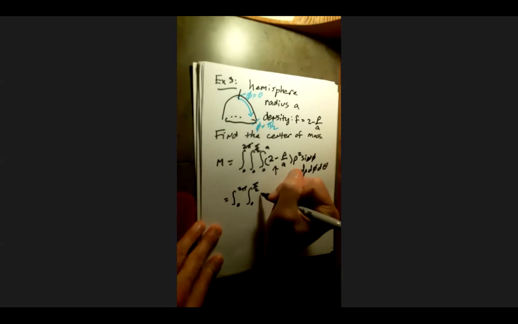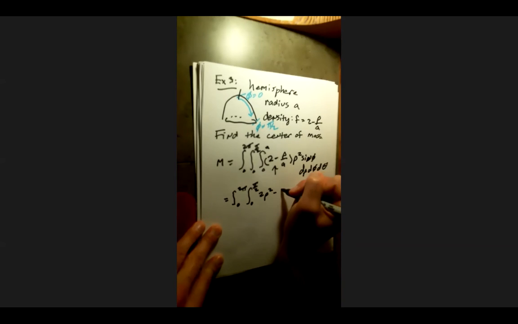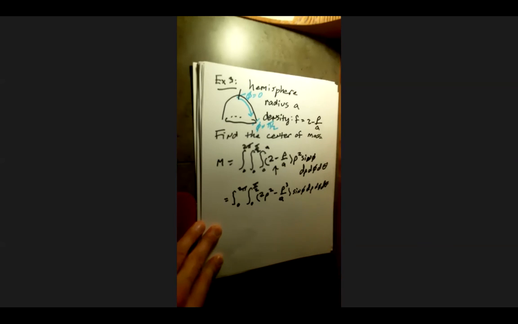And then we have 2 rho squared minus rho cubed over a, all times sine phi, d rho d phi d theta.